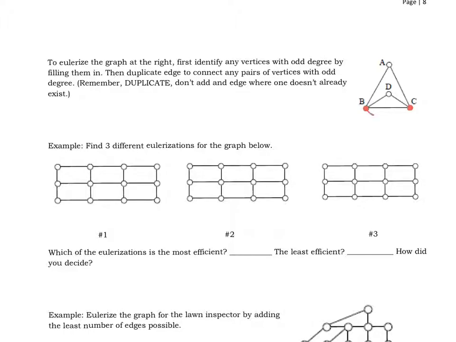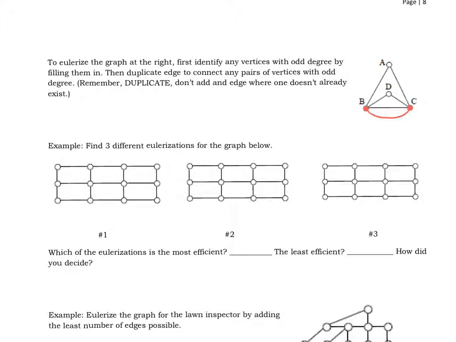So duplicating it, drawing in, and it looks like an additional edge, but remember, it's not putting in a new road. It means we're going to walk that between B and C twice, okay? Now we have a graph where all the vertices have even degree because B and C now have degree 4. That's an Eulerized graph, and there would be an Euler circuit. We could start at any vertex we want and end at that vertex.